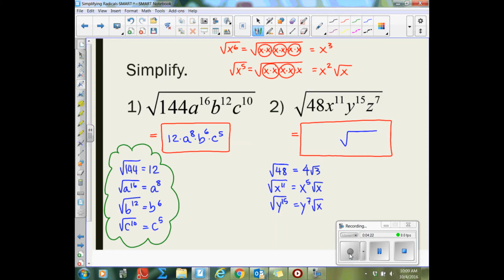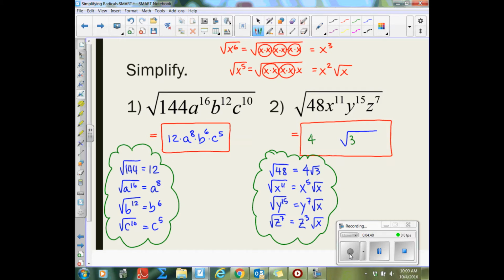And finally in the thought process, 7 factors of z. 7 divided by 2 is 3, remainder 1. This is our thought process, and as we were thinking through these steps, we could have started listing 4, remainder 3.